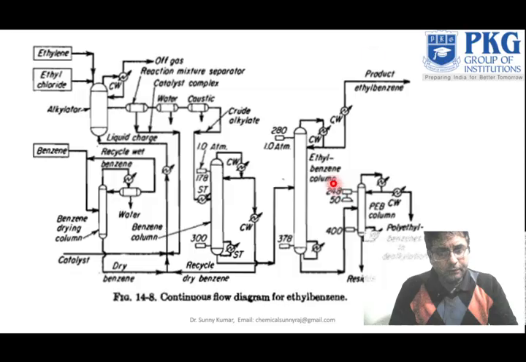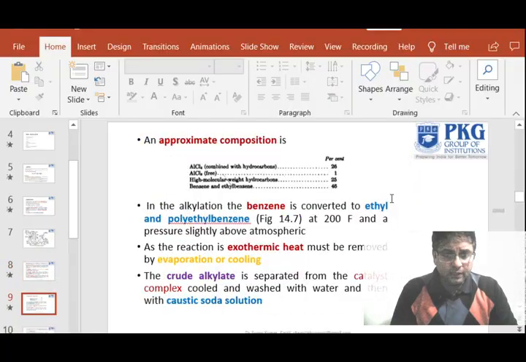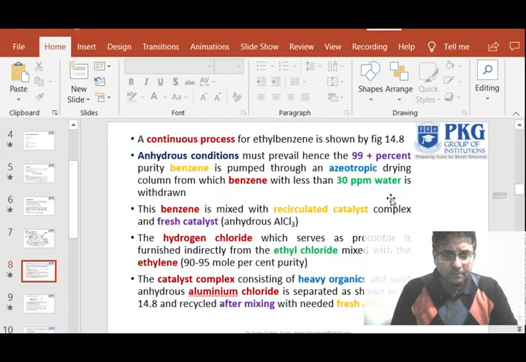So the purification you can also do, and what the different ratios are we have described, and we have given the different conditions. So this is the continuous flow diagram for ethyl benzene. Aluminum chloride is the main catalyst for this, and hydrogen chloride is also used during this reaction.